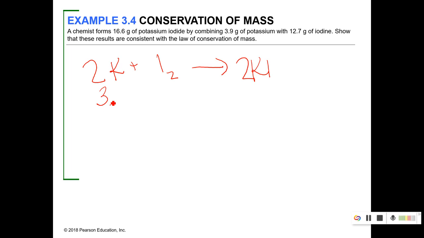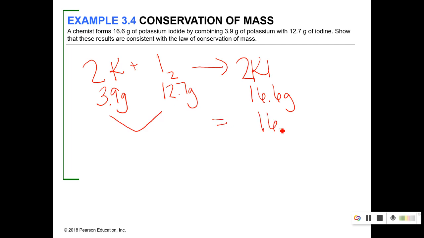It tells us we have 3.9 grams and 12.7 grams. On the other side, I have 16.6 grams, and it wants us to show that these results are consistent. The way I need to do that is the reactants need to equal the products. The reactants are 16.6 grams, so yes, it is consistent.